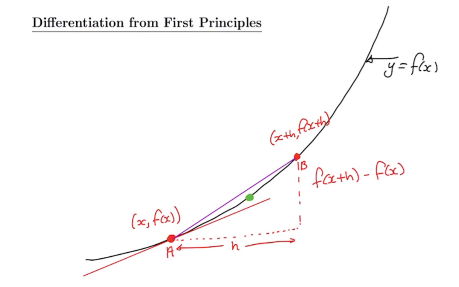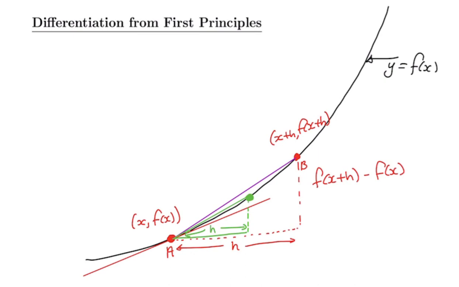So it's closer. The coordinate for B would still be x plus h because I now am making h smaller. This is now h from here to here, and this is the vertical distance. I'm making h smaller, and of course the gradient of the line between A and the new point B will be a better approximation of the gradient at A, but it's still not good enough.